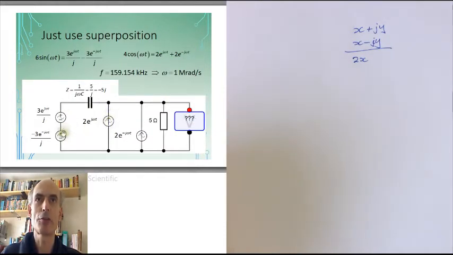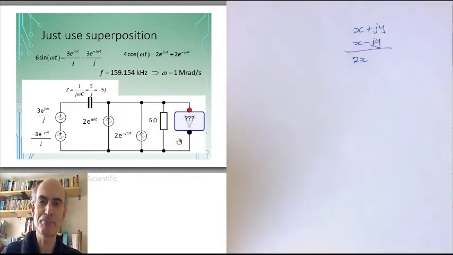I've just replaced the single real voltage source with two cissoidal voltage sources and the single real current source with two cissoidal current sources. I then have to solve this circuit for all four of these sources, add up the result, and that will give me the total voltage across the voltmeter. Which is a bit time-consuming and tedious.